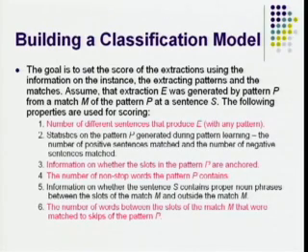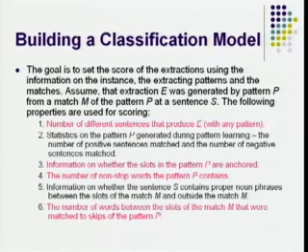Of course, the higher the number of positive and the lower the number of negative, that would be a good thing. About the anchoring, I told you about the anchoring before. Of course, patterns that have only slots that are fully anchored would be better than patterns that include totally unanchored slots.